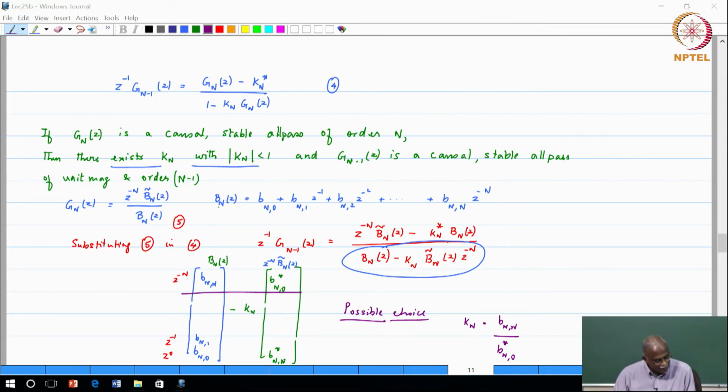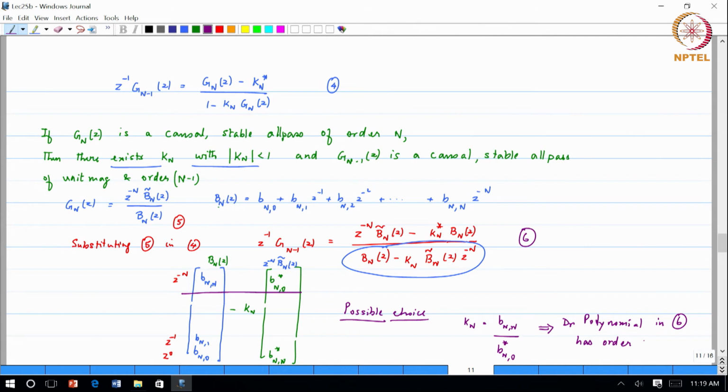So this more or less guarantees that the denominator polynomial in 6 has order n minus 1. Okay, this choice will ensure that the order of the polynomial gets decreased.